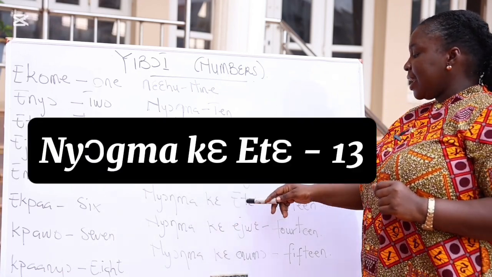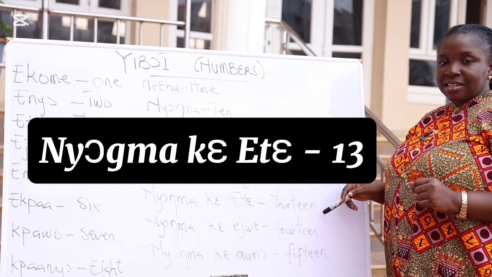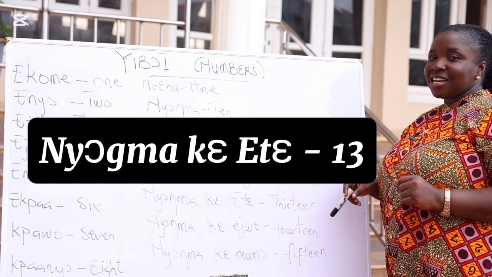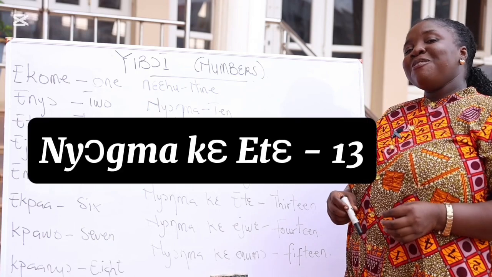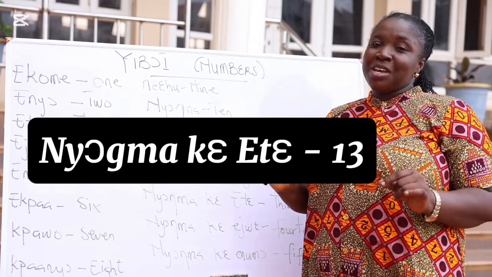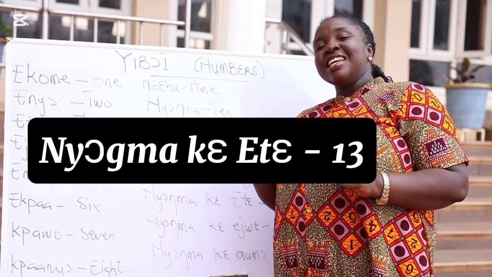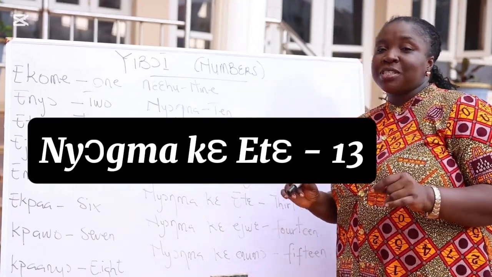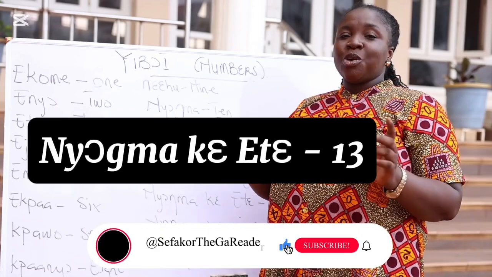Nyongma ke ete, 13. Don't forget that if I say Nyongma ke ete, that doesn't mean you are going to write 10 and add 3 to it. No, you just write the 1 which represents the Nyongma and add your 3.